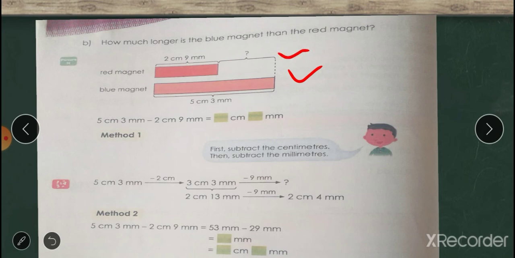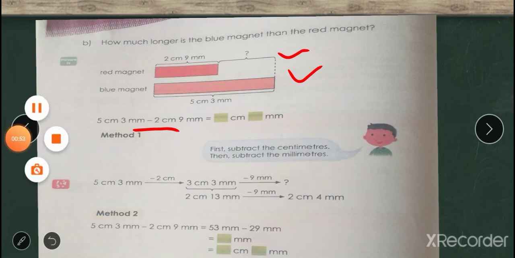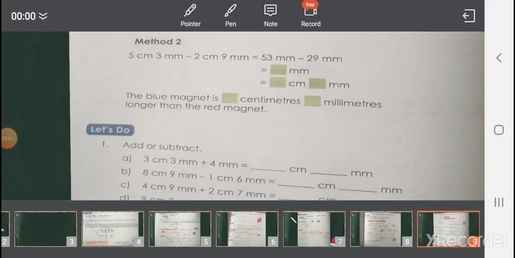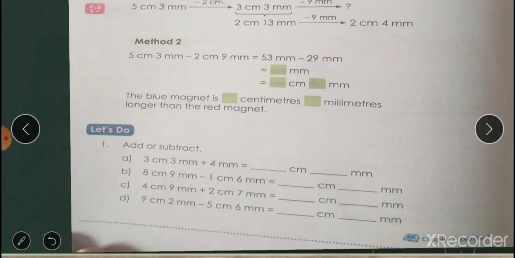So how can we find how much longer the blue magnet is than the red magnet? We can subtract the length of the red magnet from the length of the blue magnet. We have 2 methods, so we are going to do the second method.